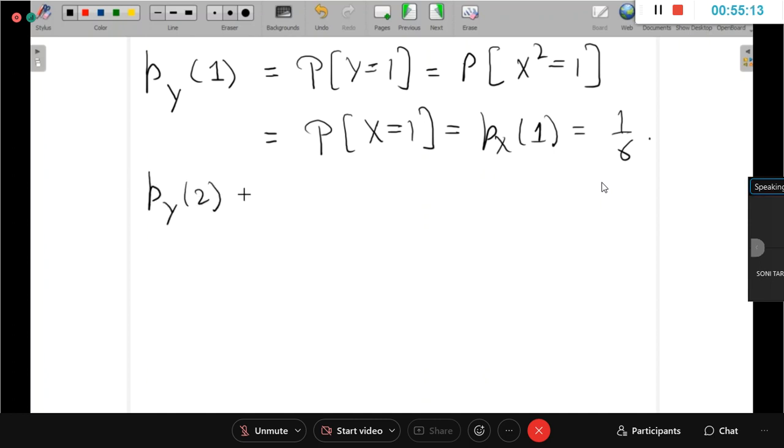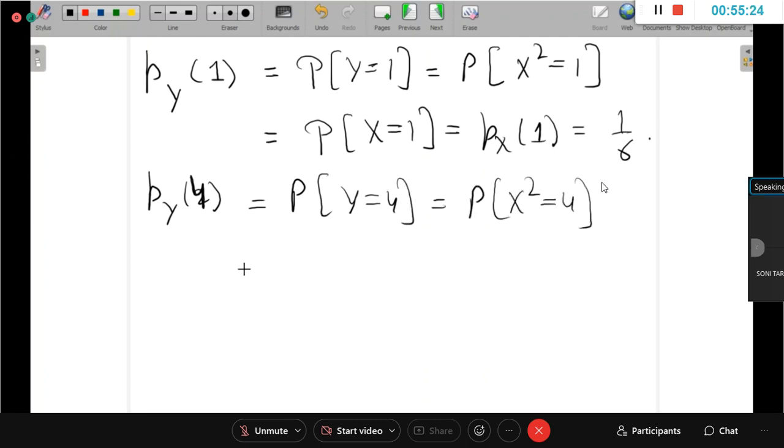Similarly, py of 4 is equal to the probability of y equals 4, which equals the probability of x square equals 4. So that equals the probability of x equals 2, that is px of 2, which is 1 by 6. x square equals 4 again has two possibilities, minus 2 and plus 2, but x equals minus 2 is not possible. It's an impossible event.